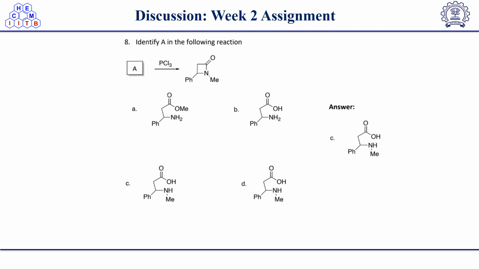So here this is the correct answer. The NH proton will be reacting first, followed by the cyclization to give the corresponding beta-lactam ring.